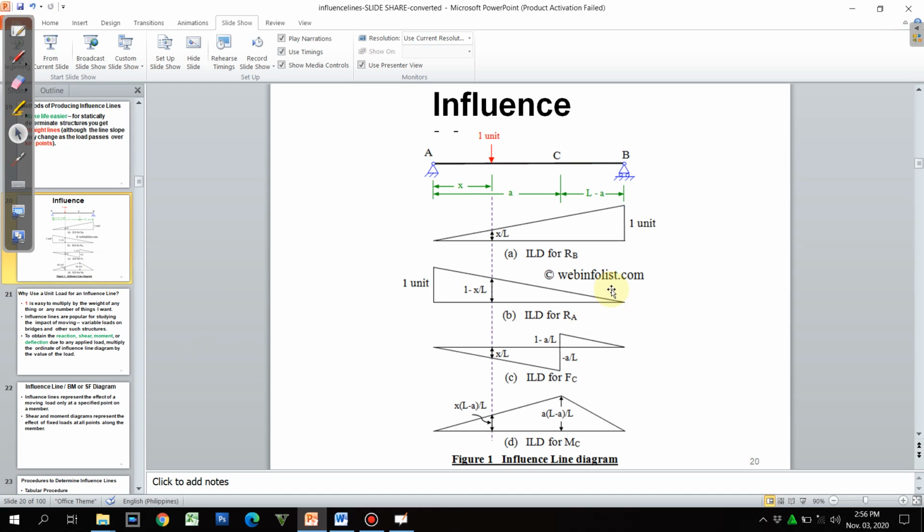There are various influence lines for various points. It could be a reaction, a shear, or a moment. Again, it will depend on our concern.